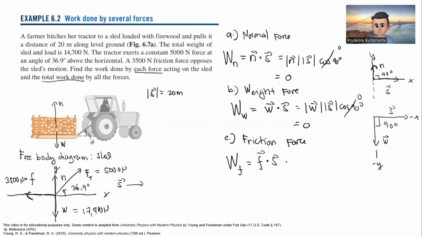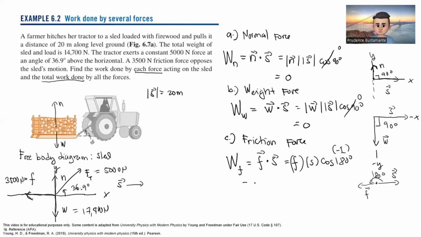If you look at this, this is the displacement and this is the friction force. The angle between them is 180 degrees. So we have the magnitude of the friction force times the displacement, times cosine of 180 degrees, which is negative 1.